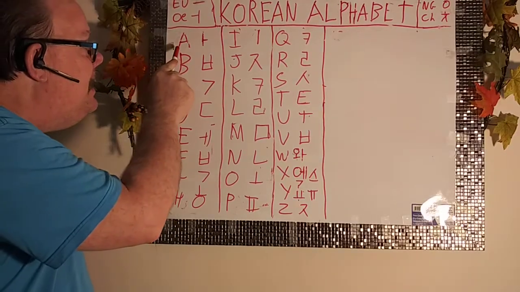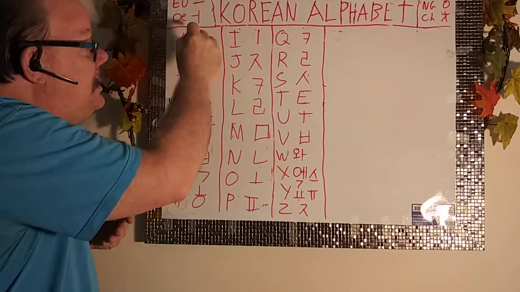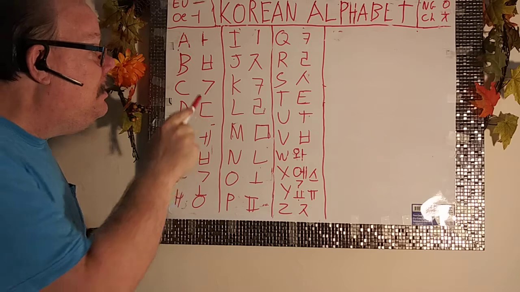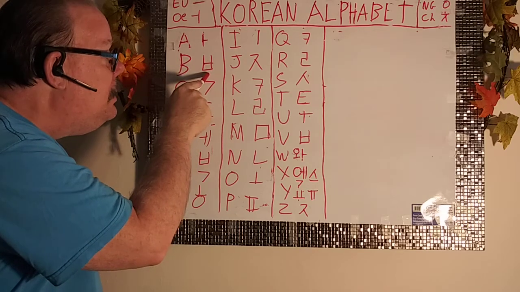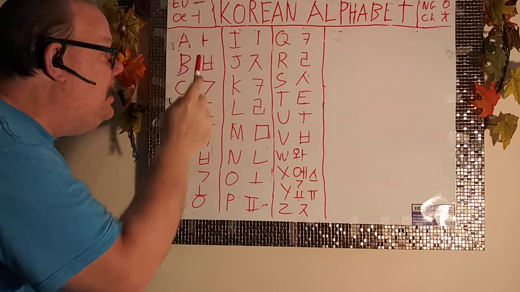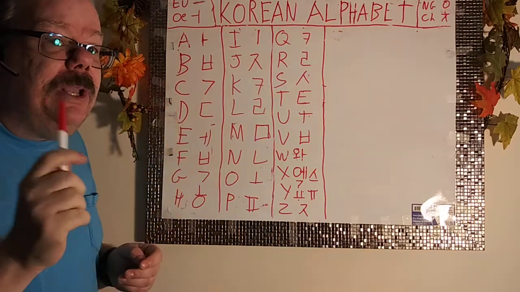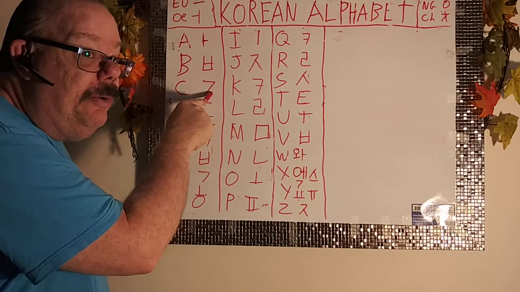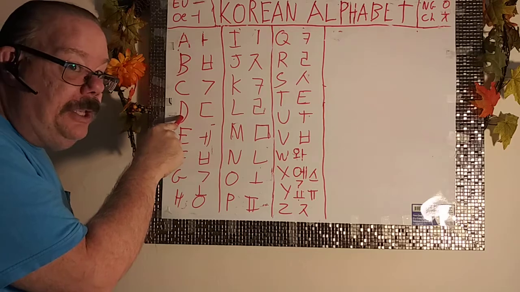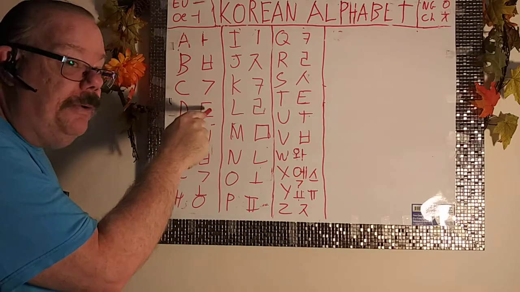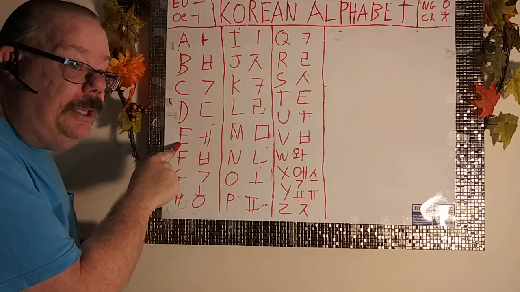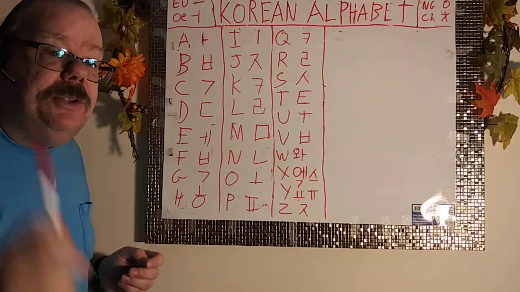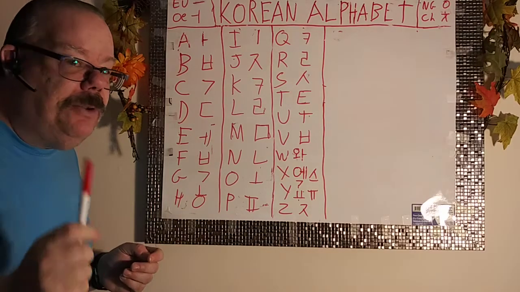So this is A, of course. This symbol means A. B, this upside down symbol looks like B. C, Korean does not have C. They use this symbol, which is like a G or a K. D, this symbol here is a D. E, this symbol is an E. F, Koreans do not have F. They do not have that.